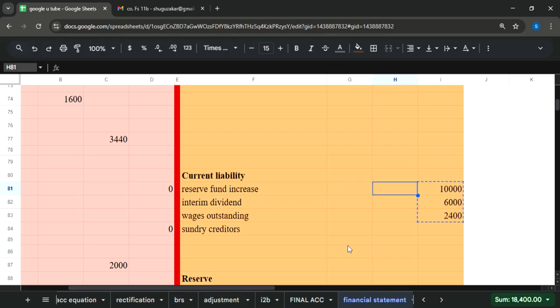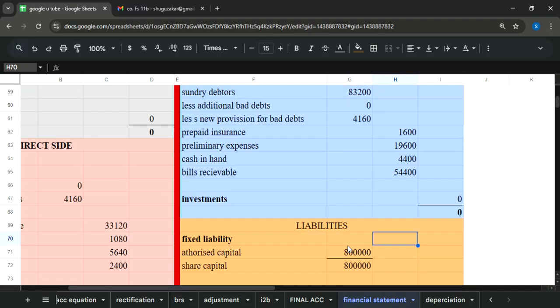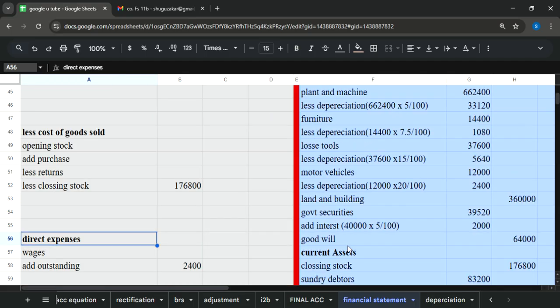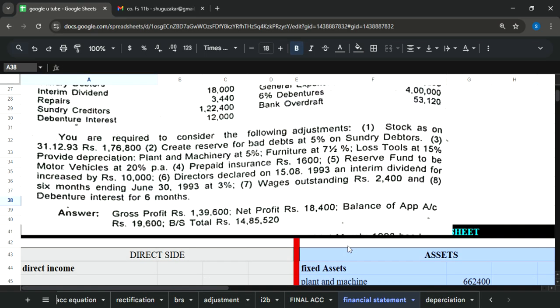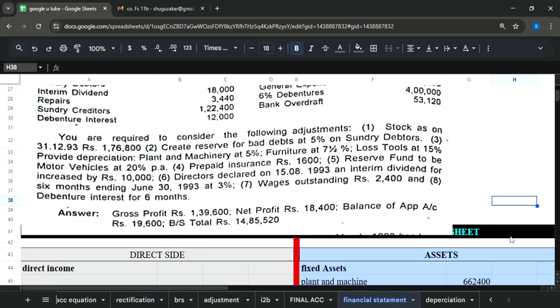They should be present over here. Thankfully, I thought they had been deleted. Over here, we will see the amount of sundry creditors. This is 122,400. So in current liabilities, sundry creditors recorded.